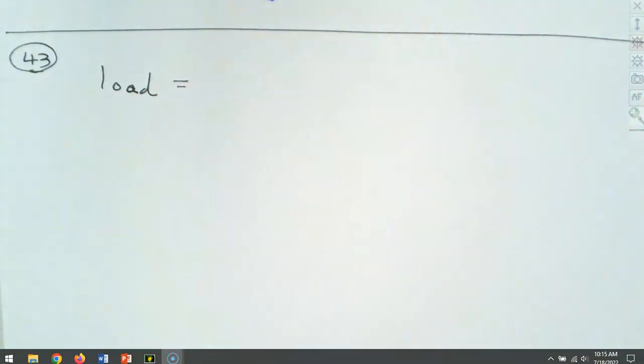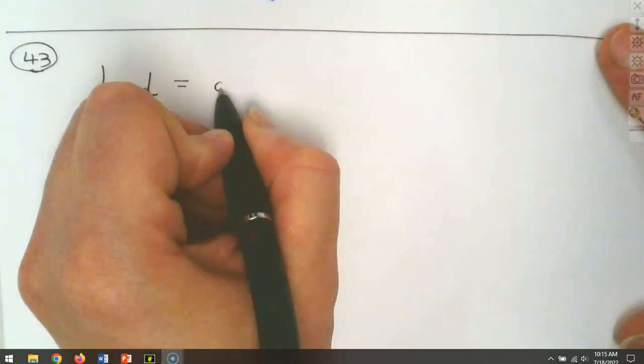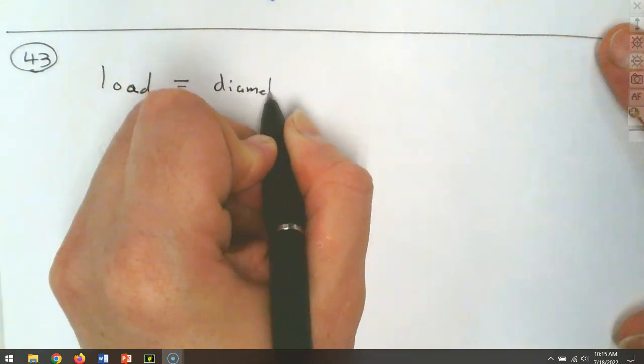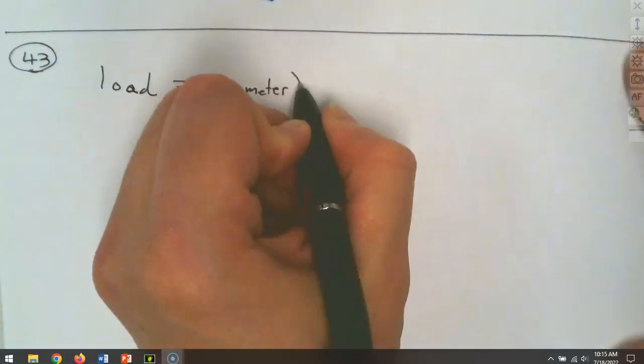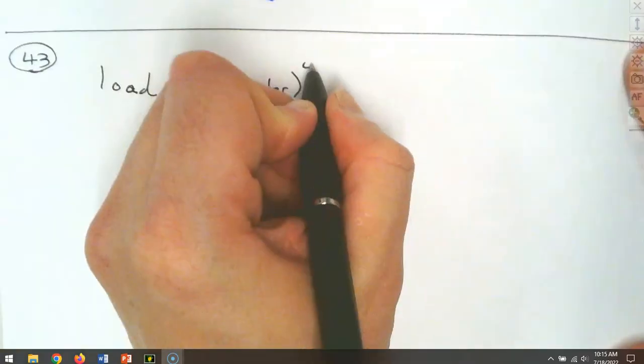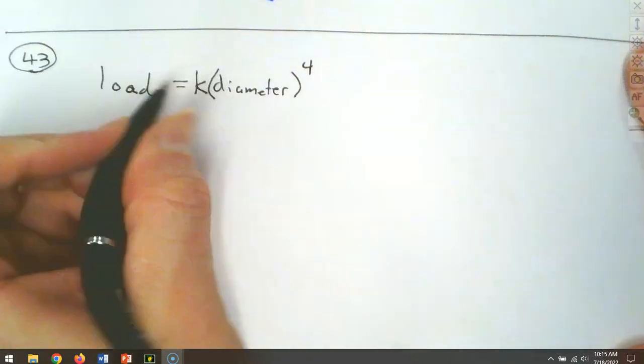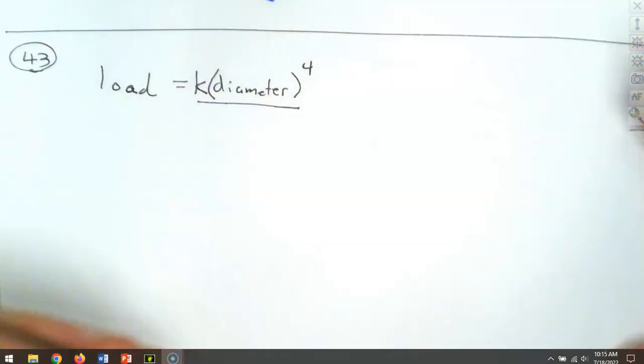If you read it here, varies directly as the fourth power of the diameter. So directly means we multiply. And it says directly as the fourth power. So that means diameter has to be raised to the fourth power. Now the k is still out in front. And it says inversely as the square of the height.